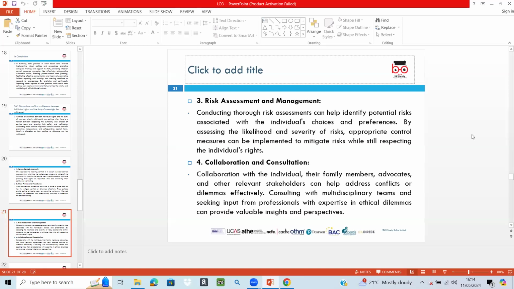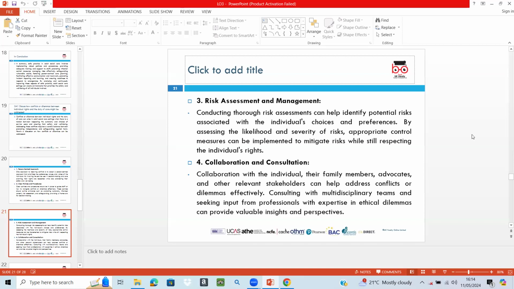An example could be a scenario where a service user with mobility issues wishes to continue using the stairs at home independently, despite the risk of falls.